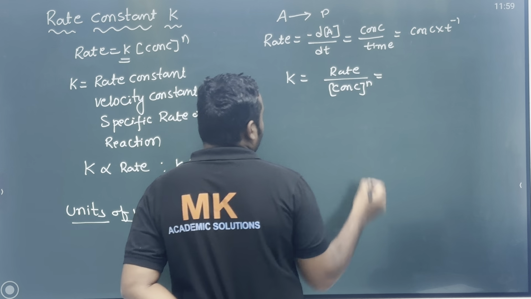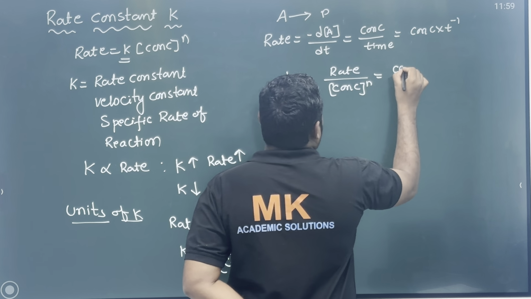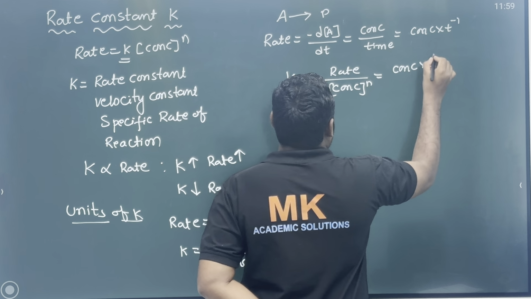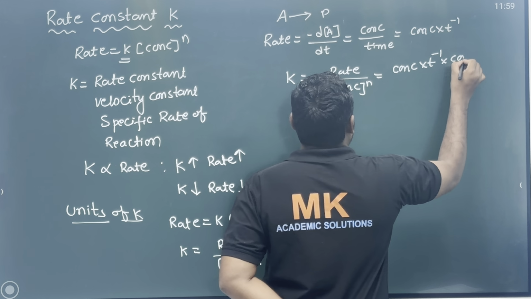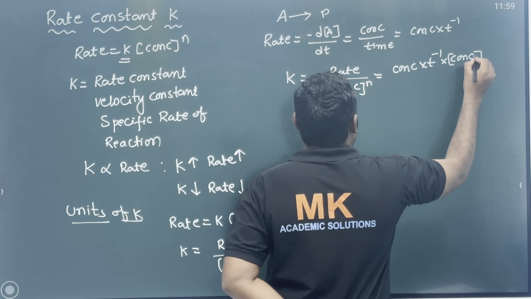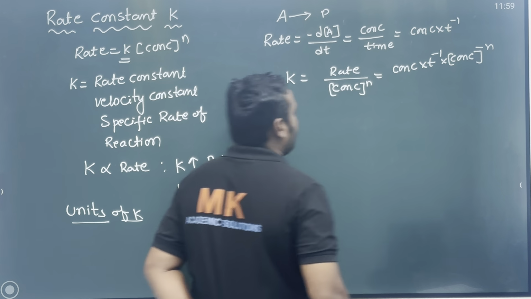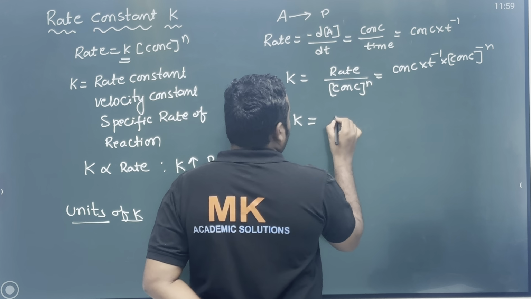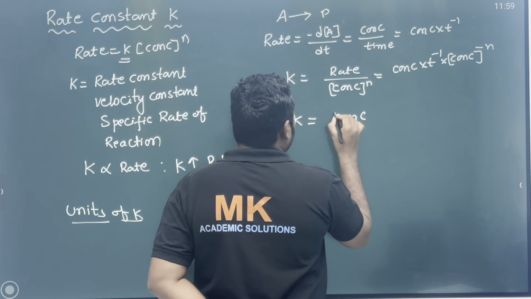So what are the rate units here? Concentration into time inverse into concentration to the power minus n. Like that you can write. Okay, so now here k is equal to, how we can write concentration to the power?